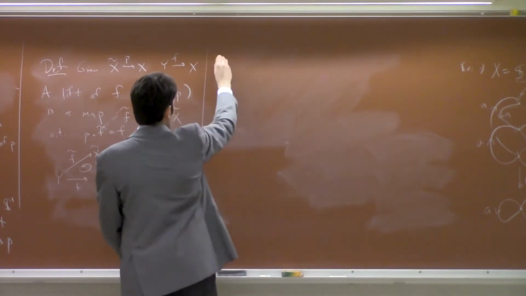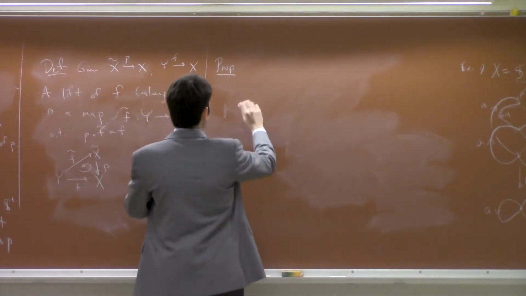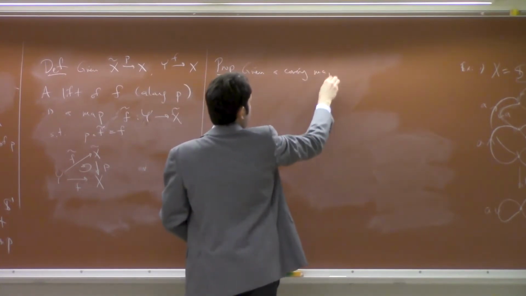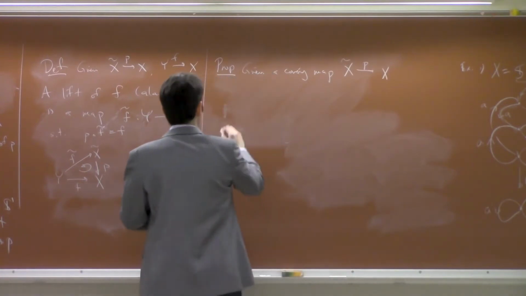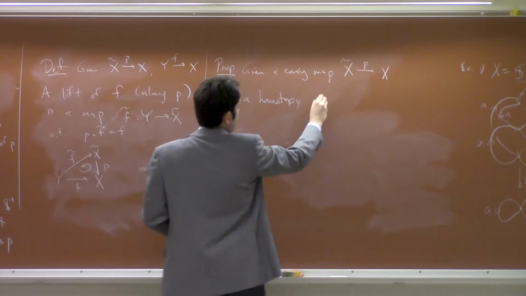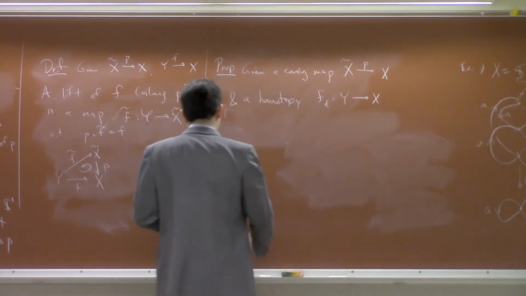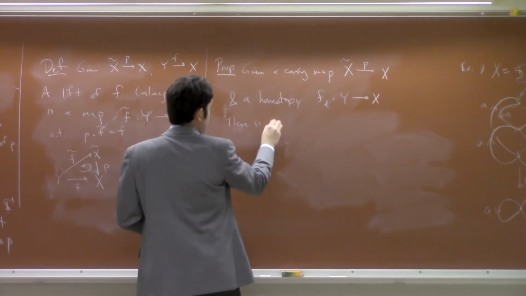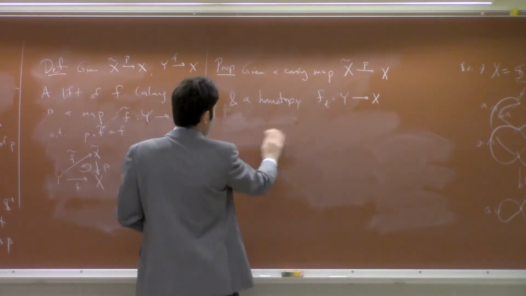So here's what we used for the case of the circle. Given a covering map and a homotopy, you have to lift one endpoint first.